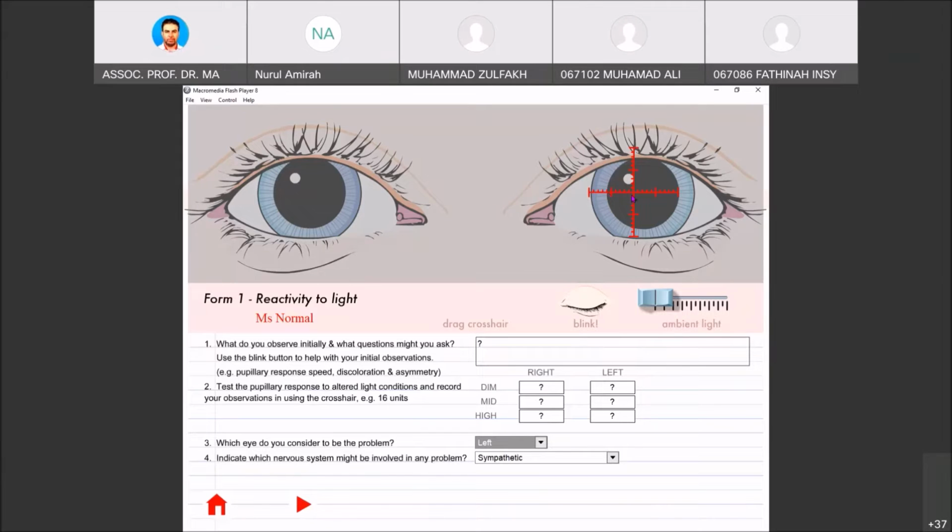Okay, 16 units. This is for the left eye. We go to the right eye. How many units? 16 also. Okay, 16 also. So that means that the pupils are symmetrical in size and symmetrical in diameter. That's why the patient is called Miss Normal. So thank you, Amira.